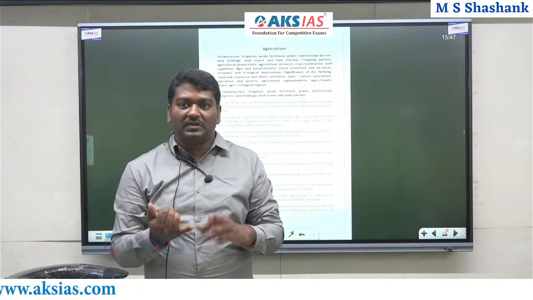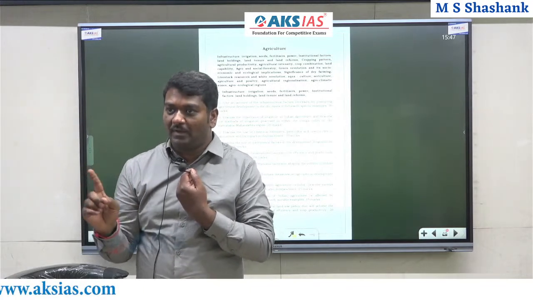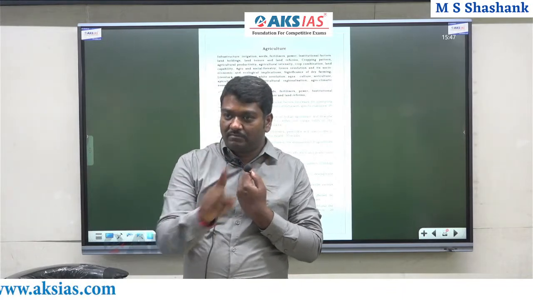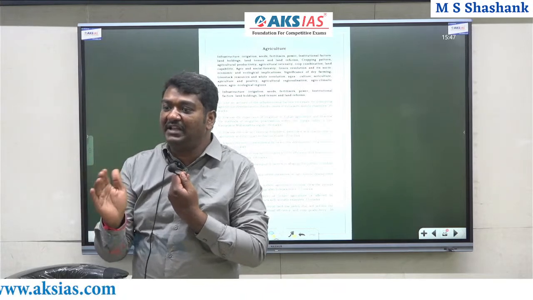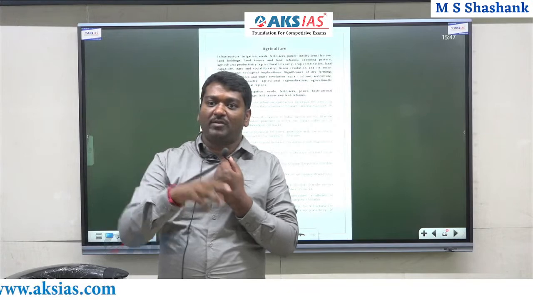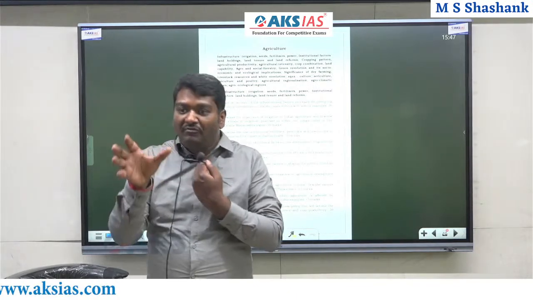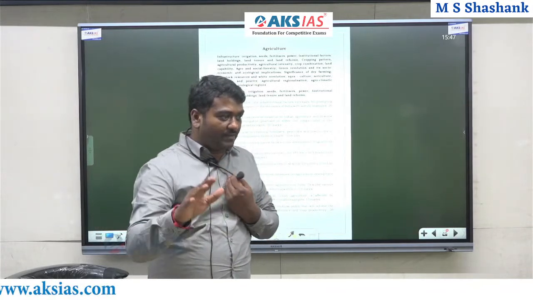Right? So guys, if you grow one crop per year, or if you grow 3 crops per year in the same field, we say agricultural intensity increased. 1 crop to 3 crops, intensity increased, we use the term. In one acre of land, let me say wheat is growing.